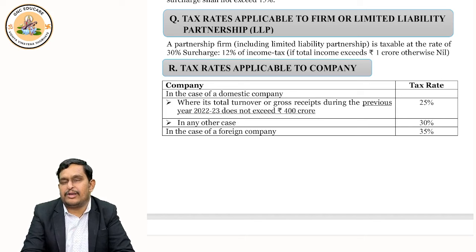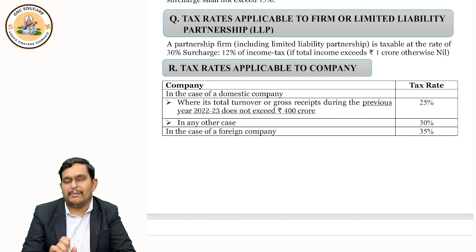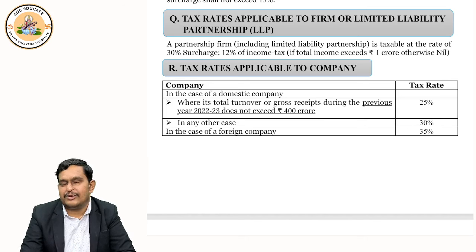Now, how the computation comes, let me tell you. Suppose your income is 10 crores. So, more than 1 crore, can I say? Yes. Okay. So, 10 crores income, 30% tax. How much does your tax come to? 10 crores income into 30%, 3 crores will come.